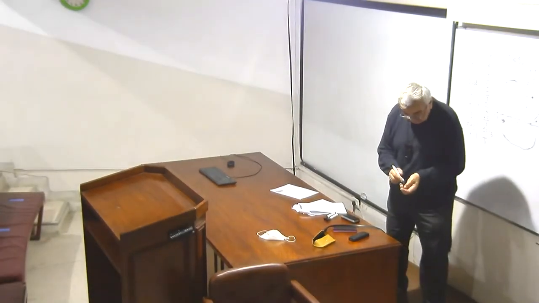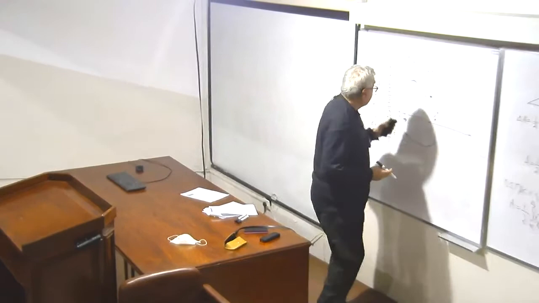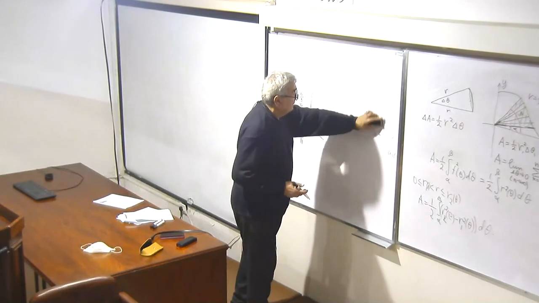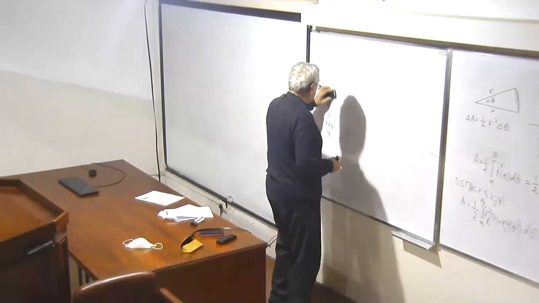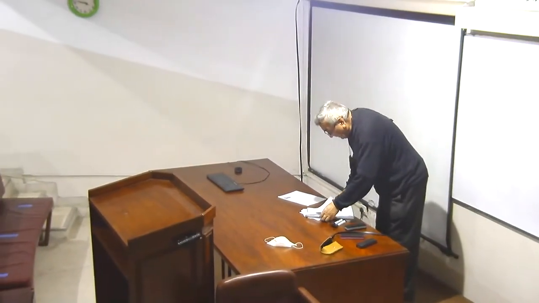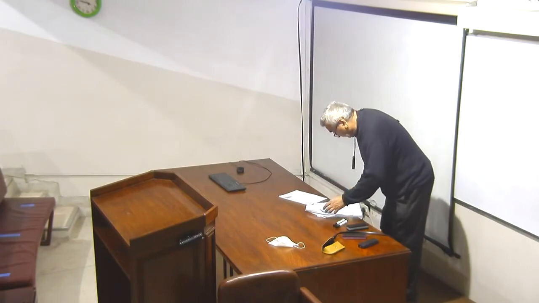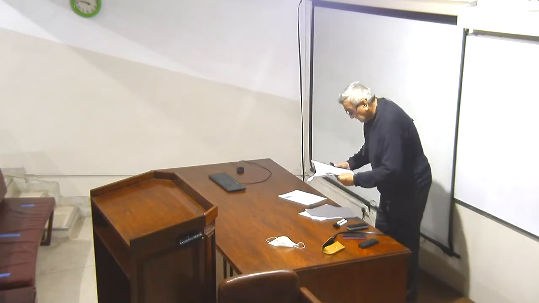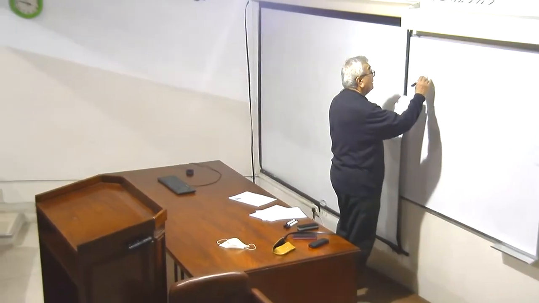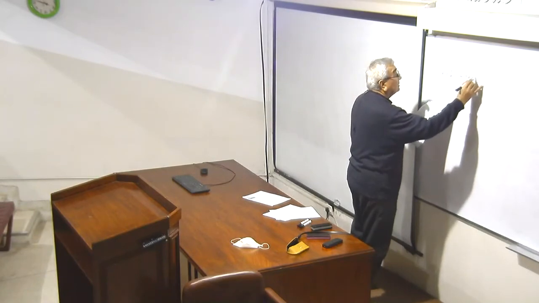Let us consider, calculate the graph of the following functions. I will plot the graph of the following function and calculate the area. r equals 1 plus cos theta.